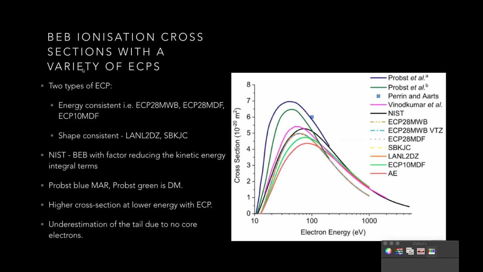And the other lines are all theoretical. So the MAR approach is in blue, which is the only one that really agrees with the experimental results. And the DM approach is in green.